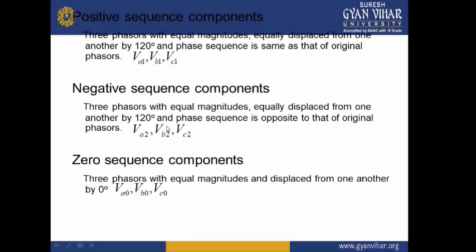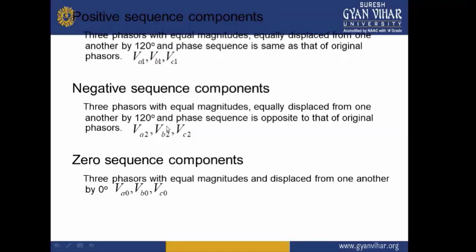That is, if the original phasors are A, B, C, then in this case they will be A2, B2, and C2. For example, if the original phasor sequence is anti-clockwise, then the negative sequence components will be clockwise, that is, ACB.